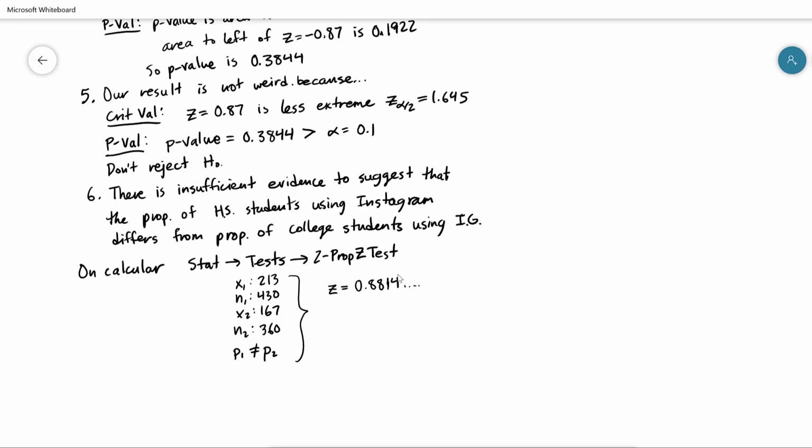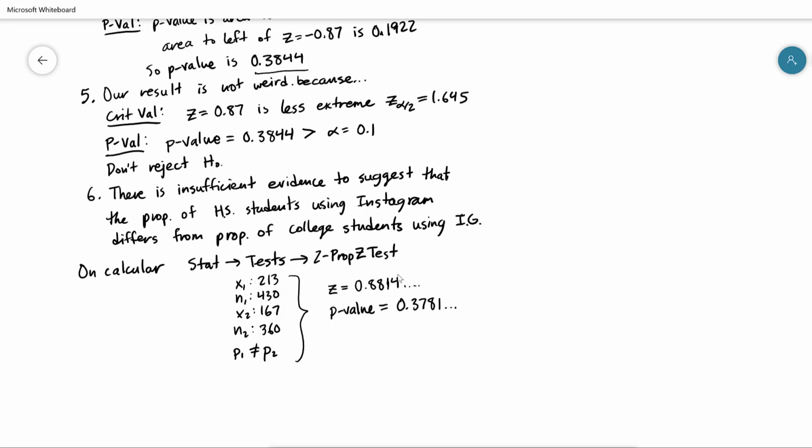And similarly, for the p-value, they find their p-value is 0.3781-ish, also slightly different than the value that we found up here of 0.3844, but again, it's because they didn't round. Their values are a little bit more carefully kept than ours.